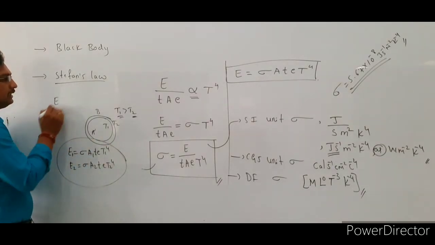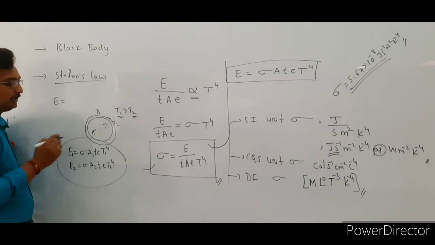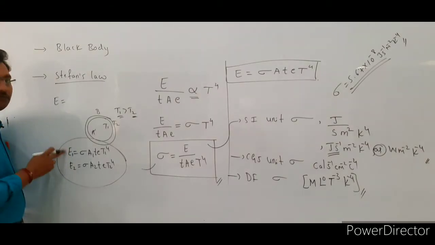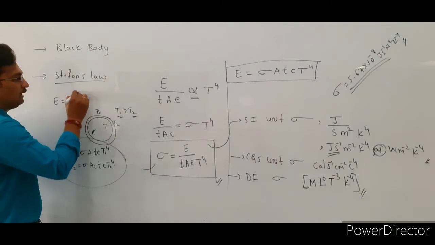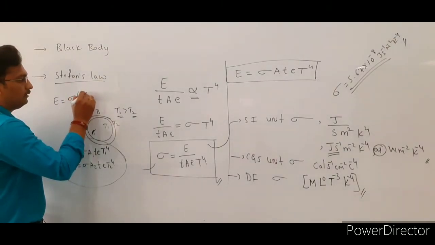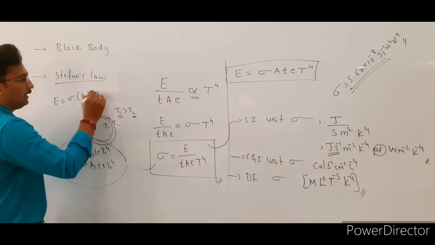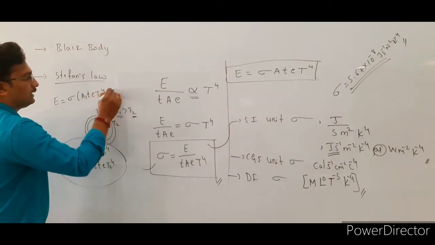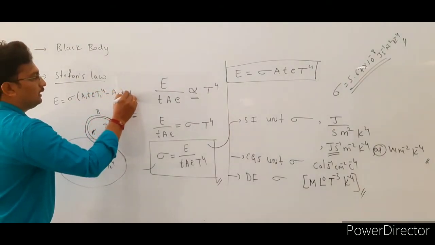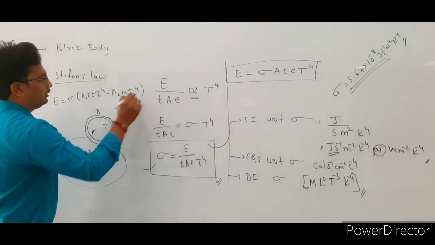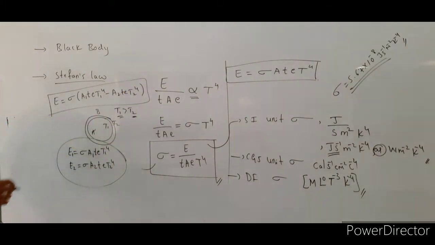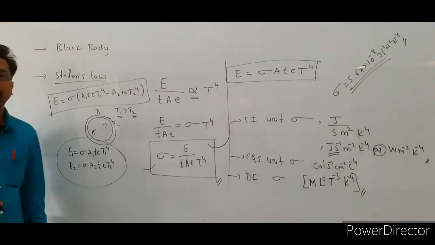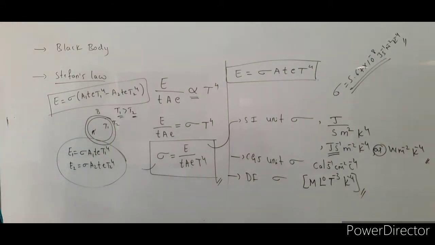So E is equal to E1 minus E2, that is sigma is common, then A1 T1 to the power 4 minus A2 T2 to the power 4. This is the expression we use to find the amount of heat energy radiated per second per unit area of a perfect black body.